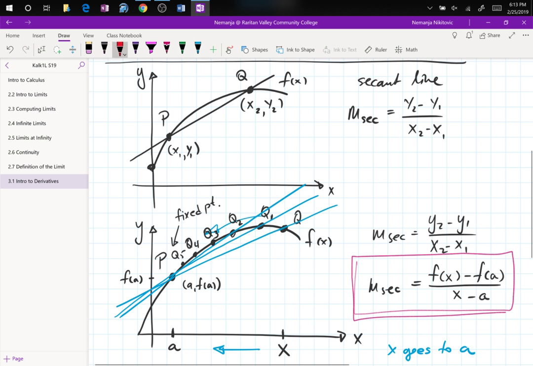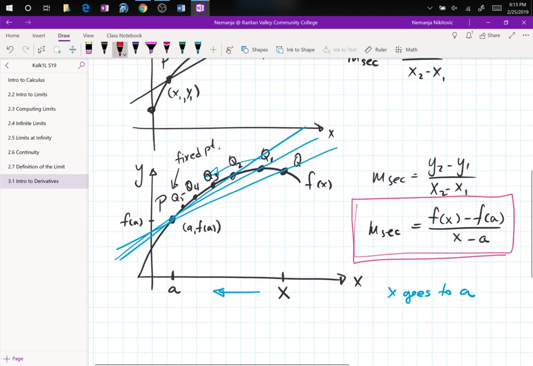Now, what happens when Q and P collide and they are at the same point? We get still a line, but now we can't use algebra to compute it, right?